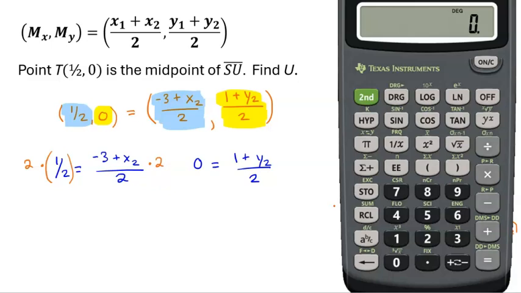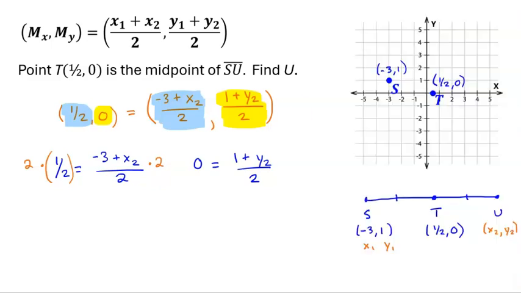It will not automatically register it as multiplication, where most scientific calculators, especially like your graphing calculators or the TI-30XIIS, I think is what it is, would. And so you're going to do 2 times, and then parentheses 1 divided by 2, close parentheses, and then make sure you hit equals at the end. If not, it's just going to show you what you had in the parentheses.